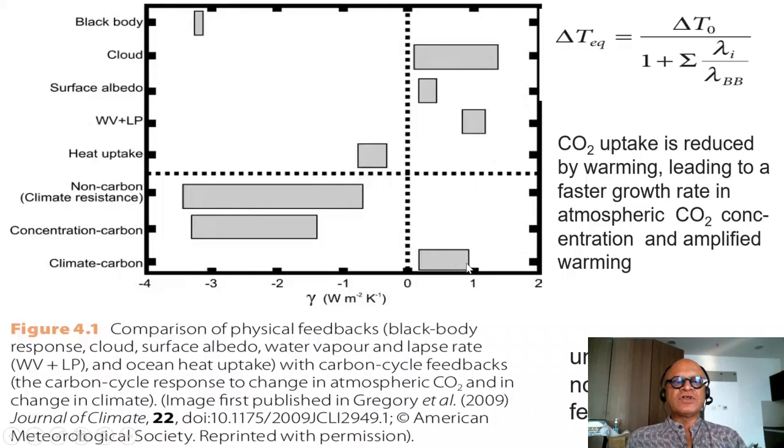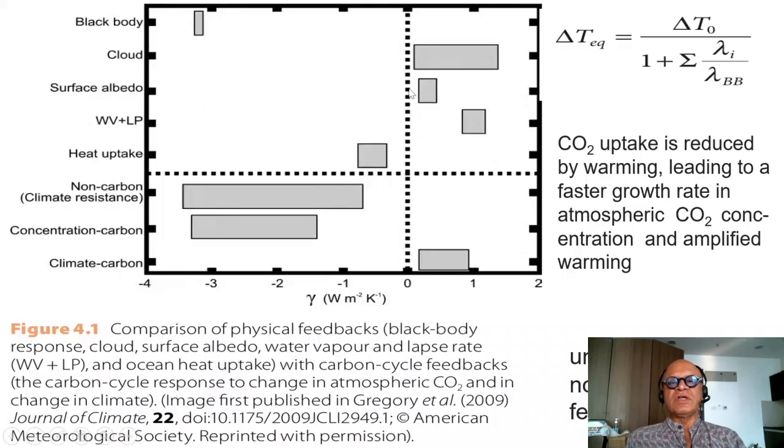And you have certain positive feedbacks like the climate carbon feedback. Heat uptake by the ocean and land, mostly by the ocean, is going to be a negative feedback. The water vapor and long wave processes, land processes are going to give you a positive feedback, and water vapor and lapse rate processes are going to give you positive feedback.